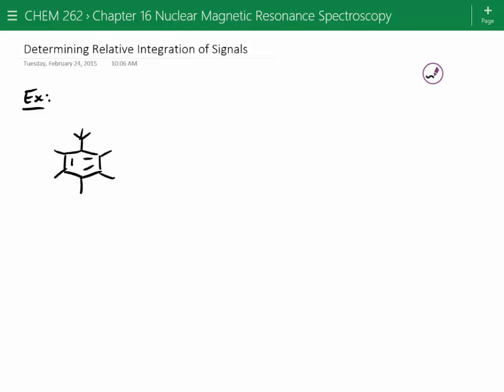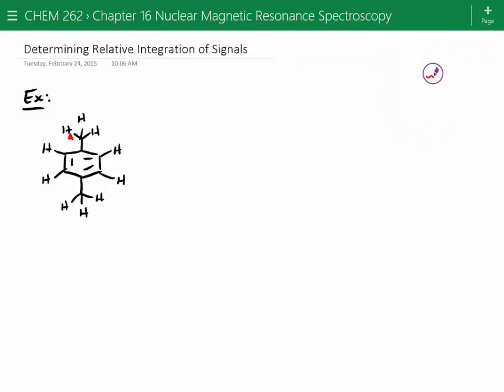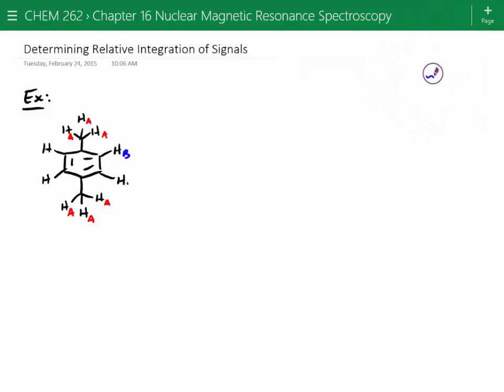a bunch of different protons coming off of here. I'm going to label all of these as either HA or HB. And we said the methyl groups are all going to have the same protons, so we'll label these all HAs. Then we'll label this as HB.